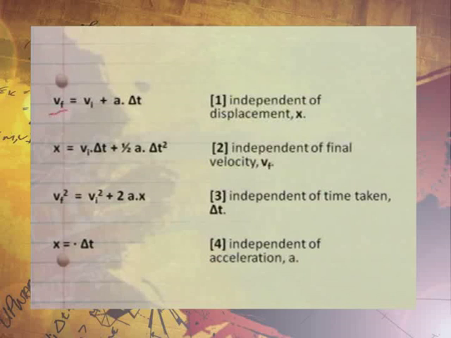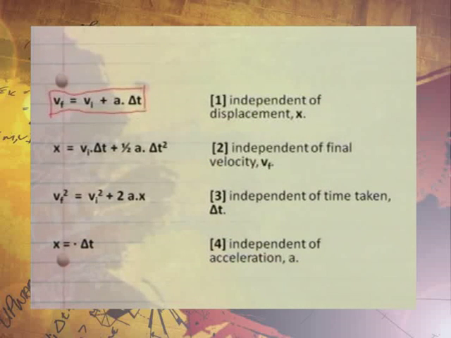So we're not looking at objects moving in more than one dimension. We're looking at motion in one dimension. Now, that first equation we spoke about is this one here. V final equals V initial plus A delta T.